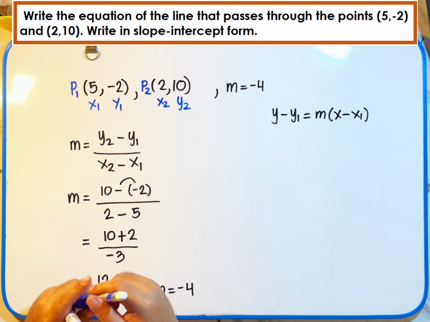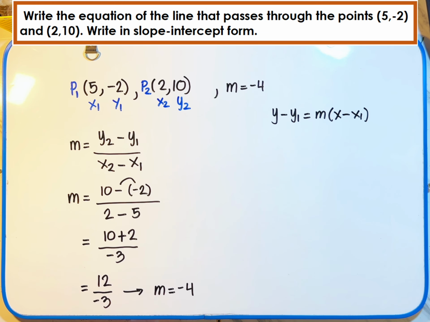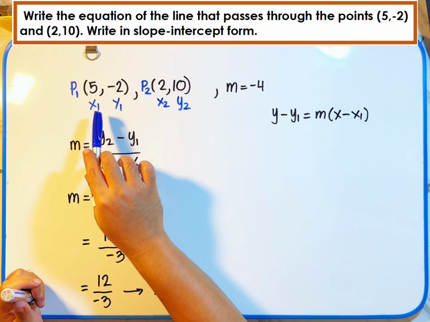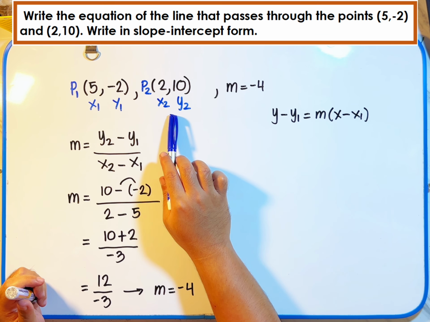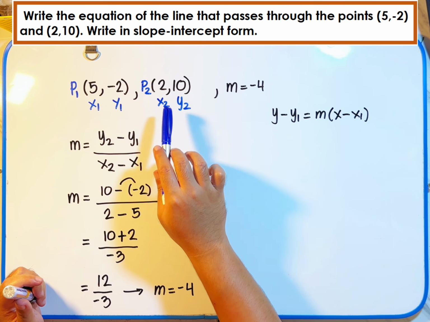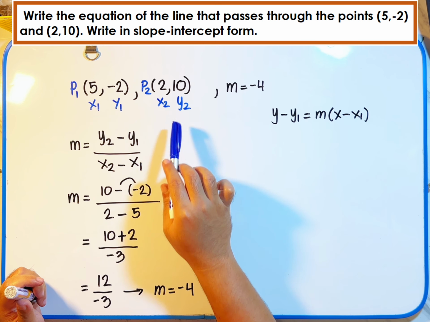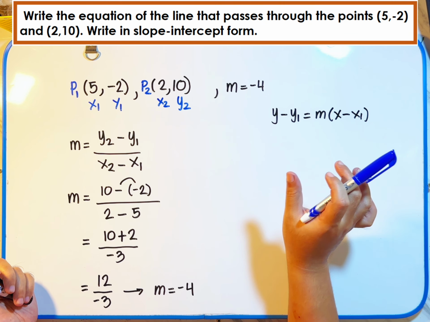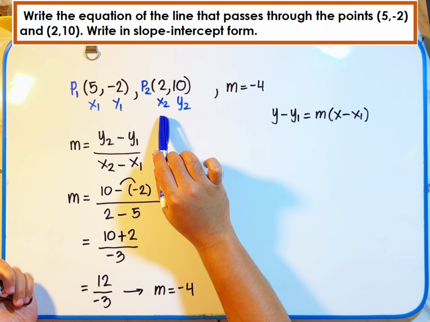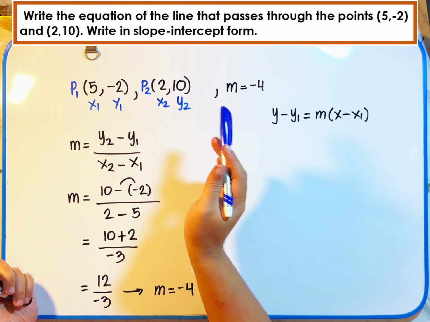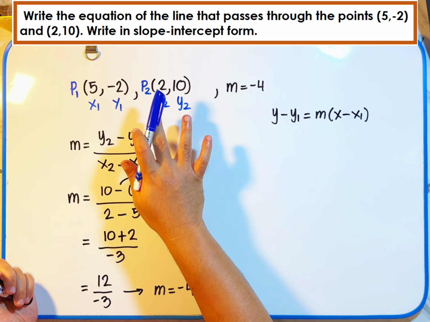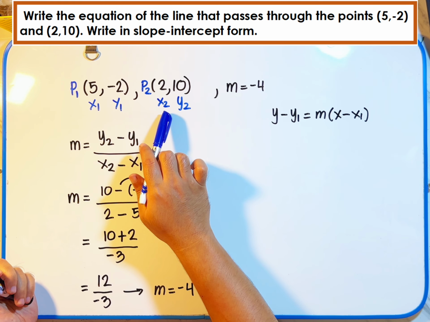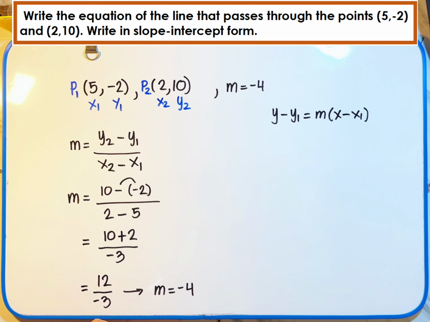Well, you can select any of these points. You can use this or you can use this. It doesn't matter because x1, y1 here only refers to a single point along the line. We have x2, y2 earlier because we were solving for the slope. But now if we use this point, this will be x1, y1 also.